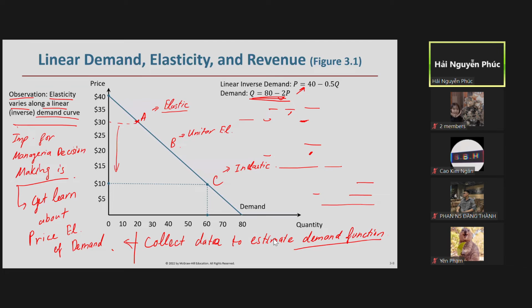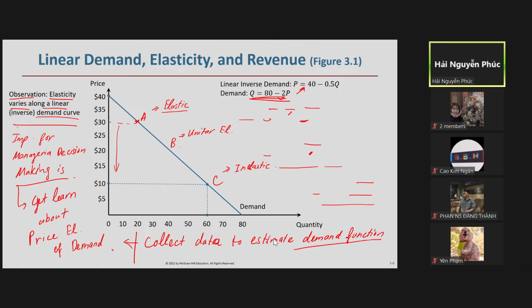You collect more and more data, you have a good estimate of the demand function, you learn about the price elasticity, and suppose that we have to make the decision of what kind of price to charge, for example, look like this.